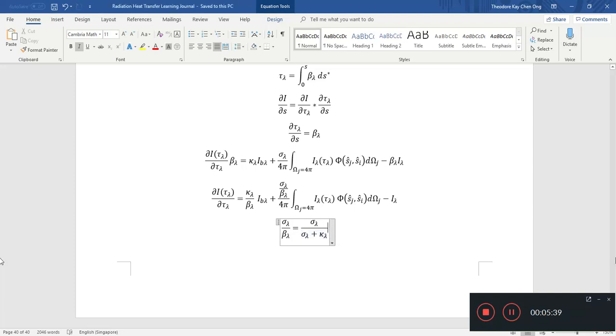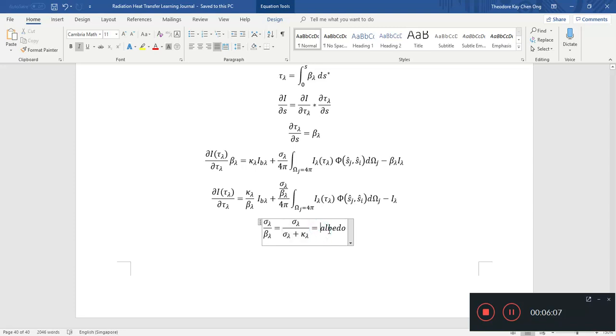This is a very special quantity we call albedo. So what's albedo? Albedo is the fraction of when the beam gets weakened, how much of it is due to scattering. So it's the ratio of scattering as compared to scattering and absorption. That's literally what the math is telling you.